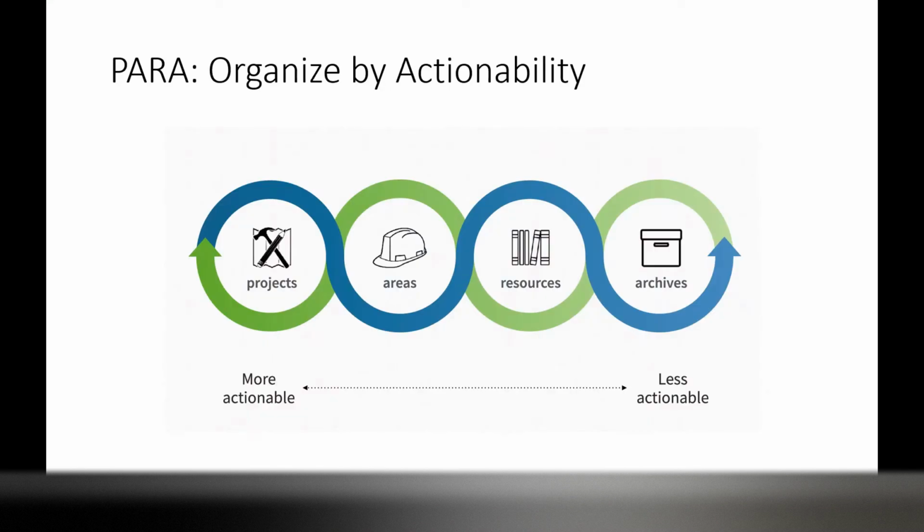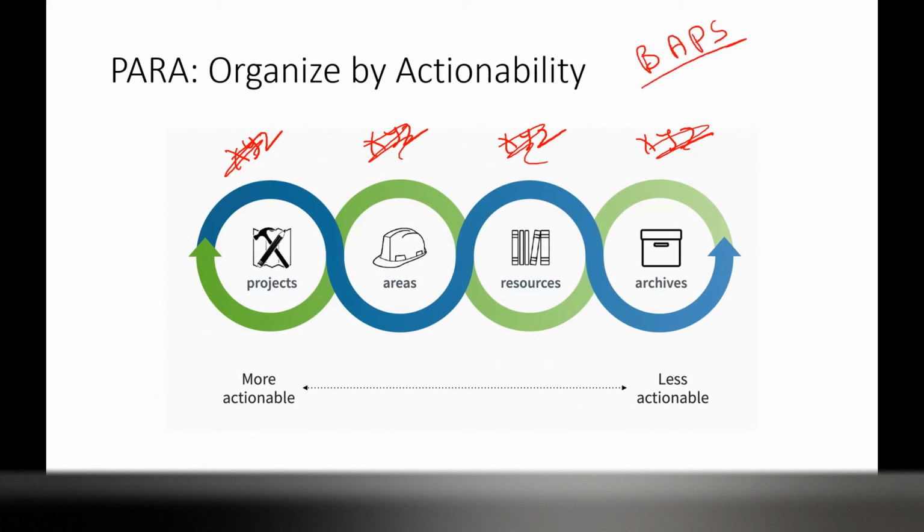So I could actually have, let's say, XYZ project in all these four areas. So I could have a notebook named XYZ. Instead of this, let me just show you a real example. Building a productivity system.